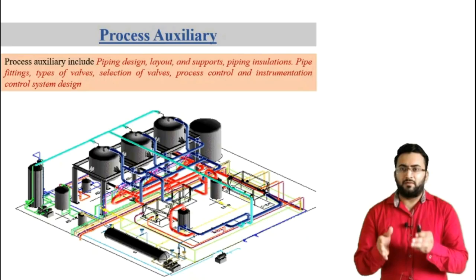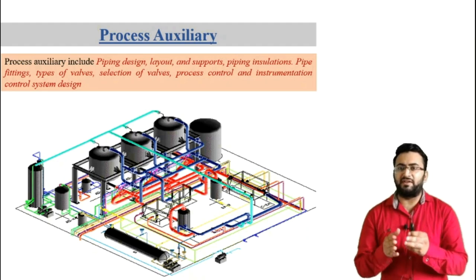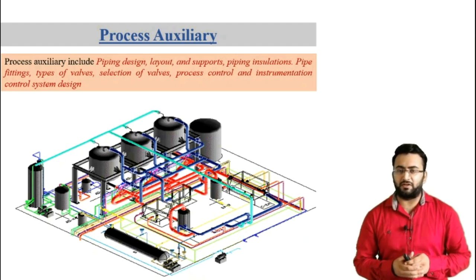Piping design: various factors which affect piping design, such as diameter of the pipe, NPS of the pipe, length of the pipe, material of construction of the pipe. So these all types of factors which affect piping design are considered in process auxiliary.